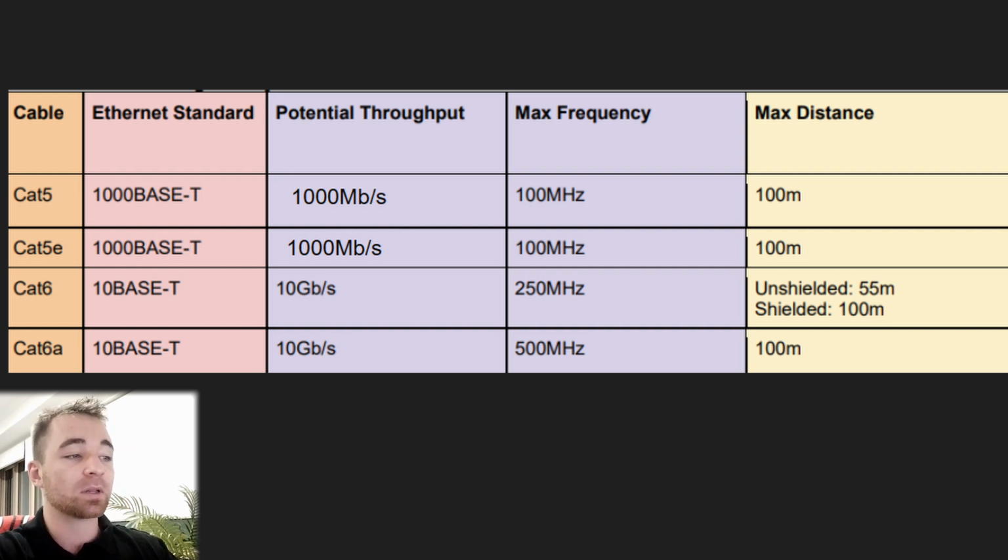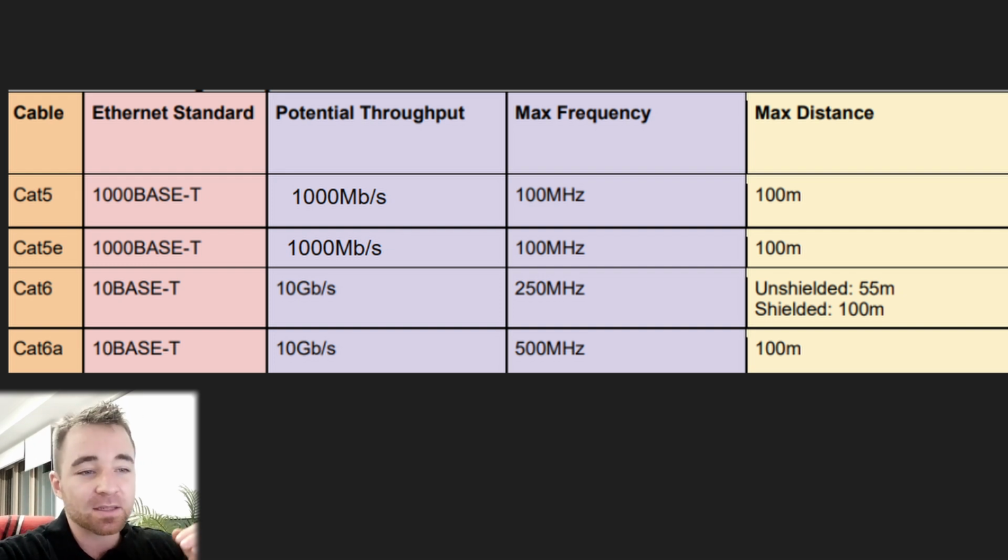So again, everything's looking pretty similar. It's pretty much the same kind of concept. The only difference here is Category 6 is less expensive, while Category 6A stands for Category 6 Augmented, okay? So again, it's slightly better on some metrics.